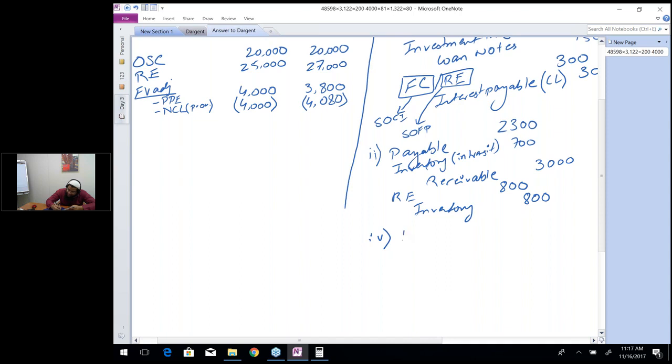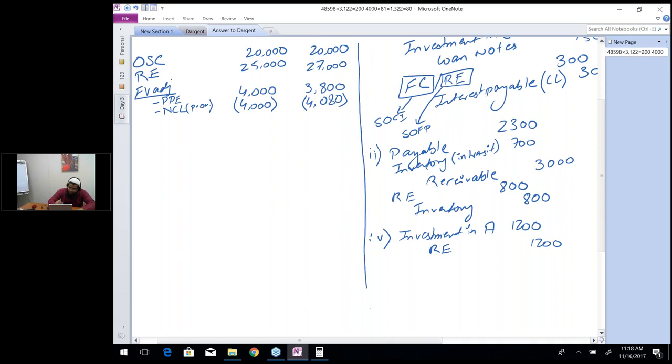The entry is retained earnings credit and the investment in associate debit by 1200. This is the final entry that we have to record in adjustment number 4.